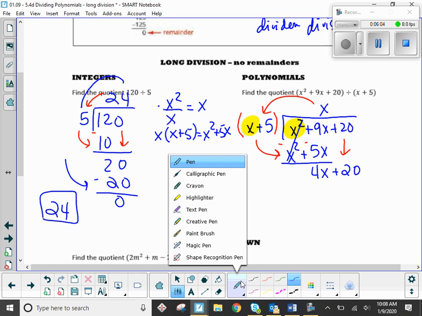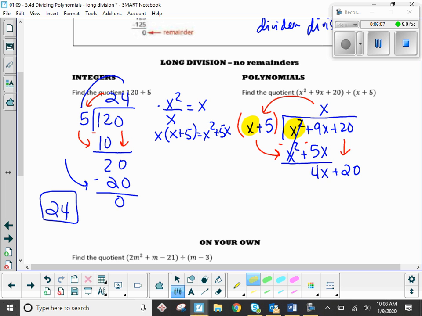You're looking at this first term now, this first term divided by the divisor's first term. So that was the first chunk of math. Now we're doing 4x divided by x. What is that? 4. What am I doing with that 4? Where does that go? Up here.